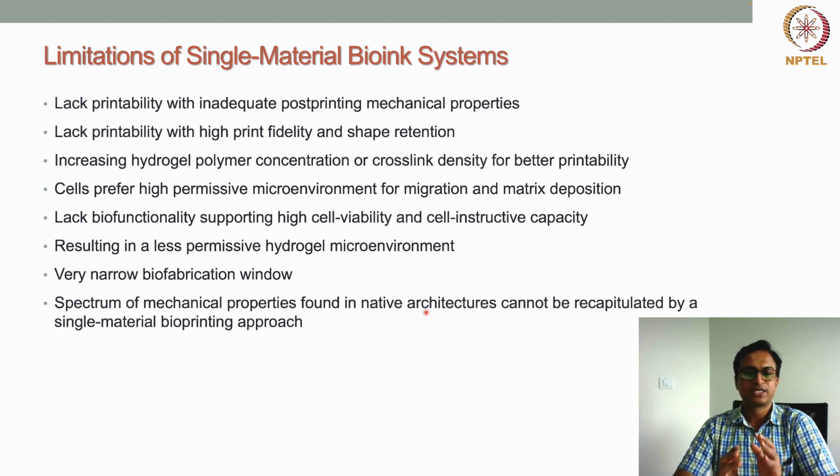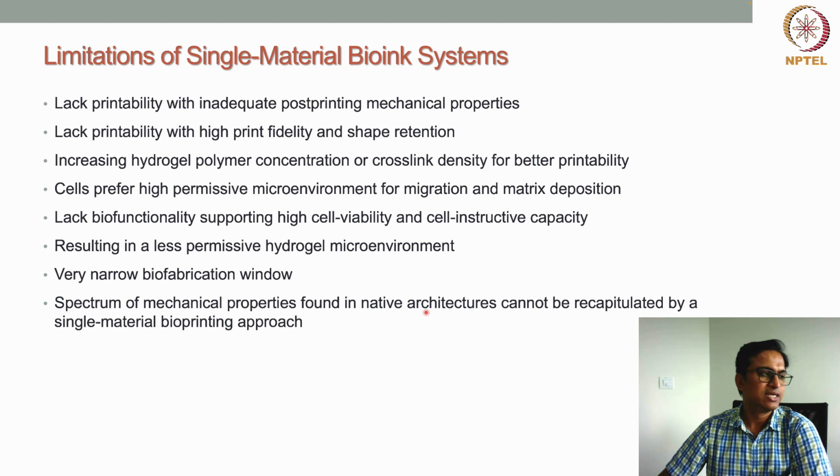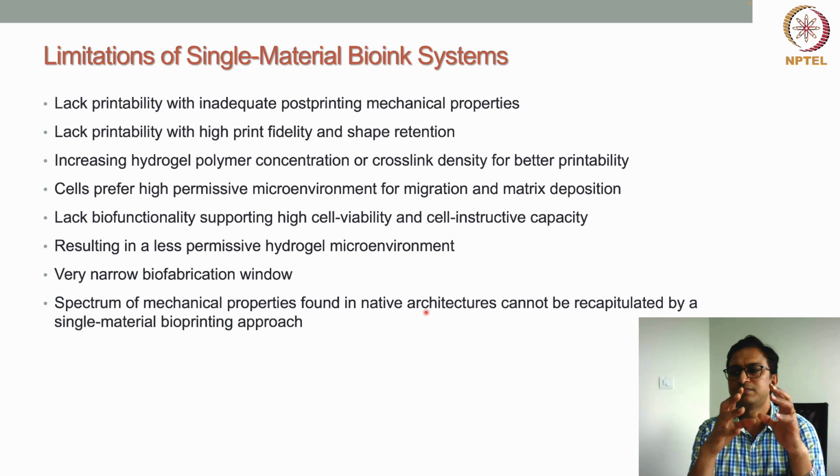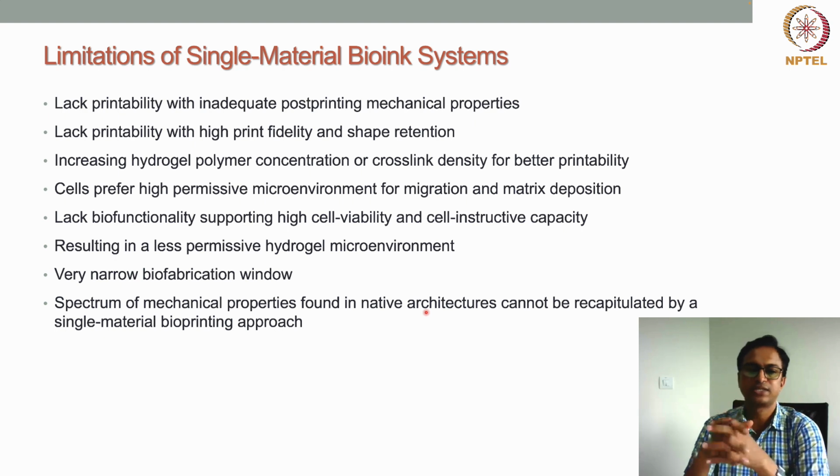So the take home message from this slide is that we need a bioink that is good for printing, with good post-print fidelity and mechanical property, but that also provides a less stiff, more permissive hydrogel microenvironment that is good for cell viability.